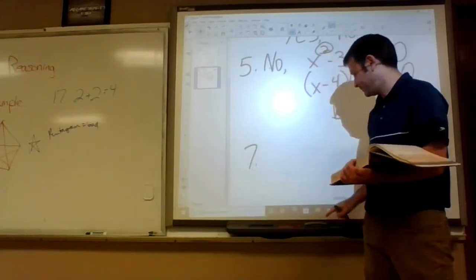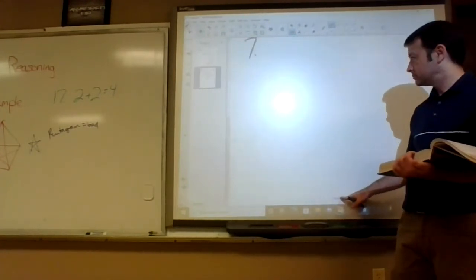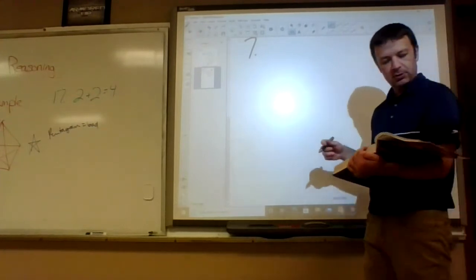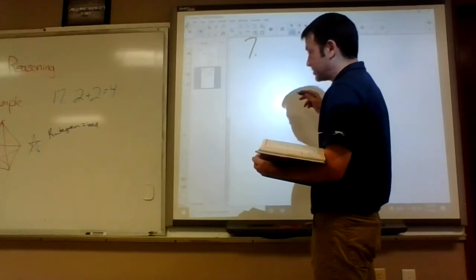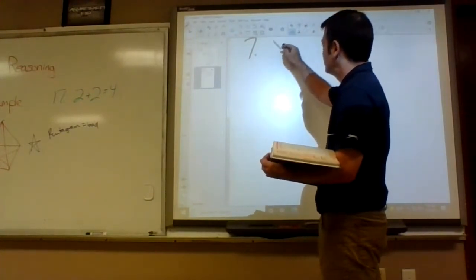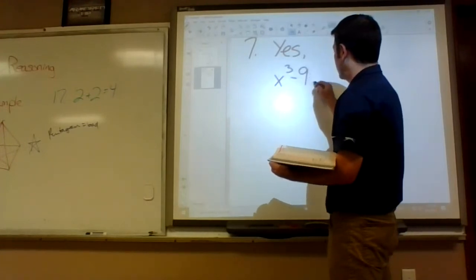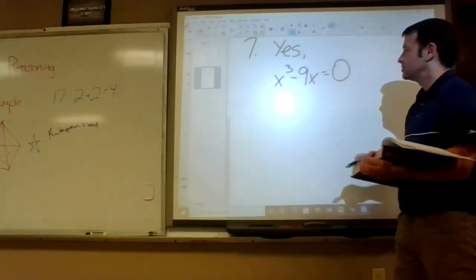Number 7 says, x cubed minus 9x. X cubed minus 9x equals 0.